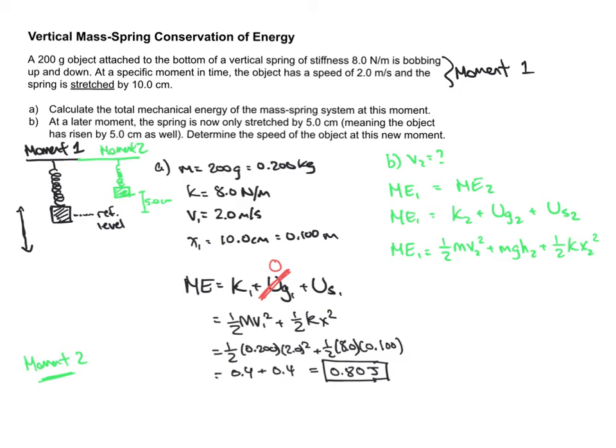And that's going to be solved for V eventually. What I'm going to do is fill in the values a little bit earlier than I might normally do. So 0.8 joules is on the left side. I'll keep half mv squared in variables, but for mgh, I'm going to calculate that, get the number, and just plug in that final value.